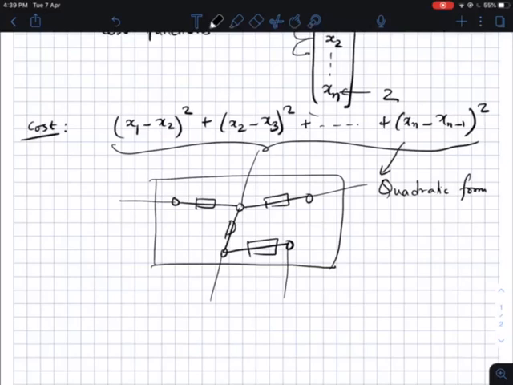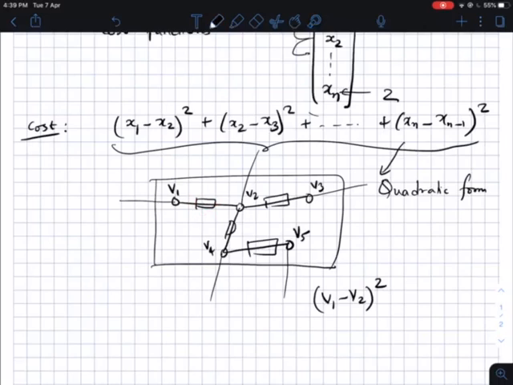So what would I do? Maybe my variables are the voltages that I'm trying to tune, V1, V2, V3, V4, V5, and the overall power dissipated will be something like (V1 minus V2) whole square multiplied with some constant that depends on this particular resistance value.